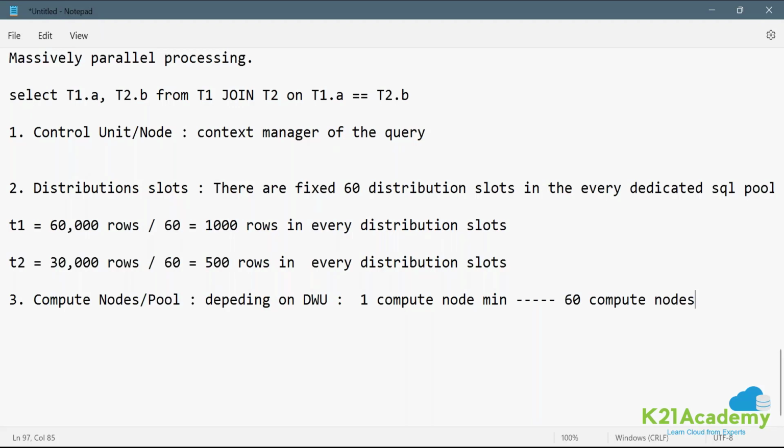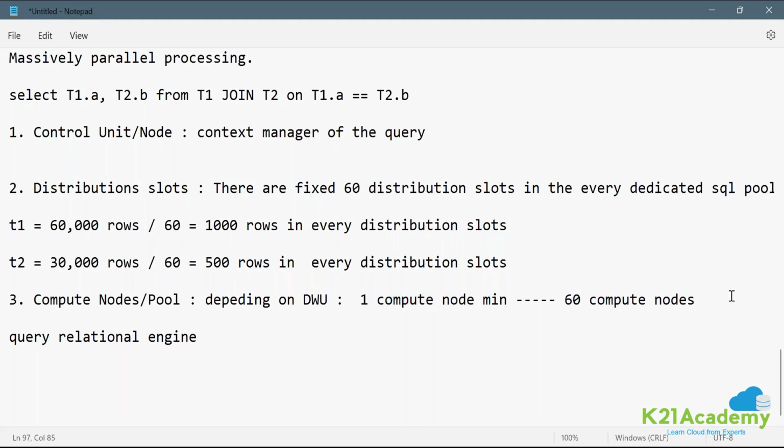There is a chart, resource limits, which we're going to look at very shortly. Compute nodes are nothing but the query relational engine that executes your query.